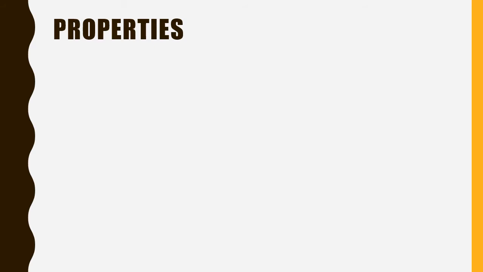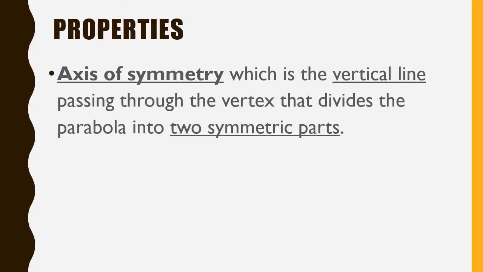Another property for quadratics is the axis of symmetry, which is a vertical line passing through the vertex that divides the parabola into two symmetric parts. So if I have a parabola, this is the vertex, and the axis of symmetry is the line that goes through the vertex and divides the parabola into two equal parts.